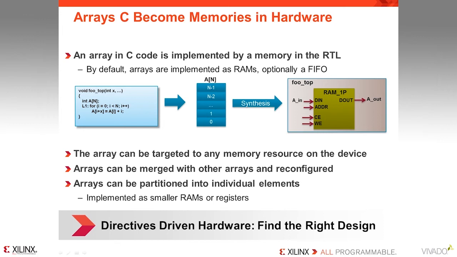More commonly, arrays can also be partitioned. When you have a large array, it synthesizes into a large RAM. When you're trying to access multiple elements of that RAM, there may be a bottleneck. Even with a dual port RAM, you only get 2 ports. Vivado HLS allows these arrays or RAMs now to be partitioned via directive.